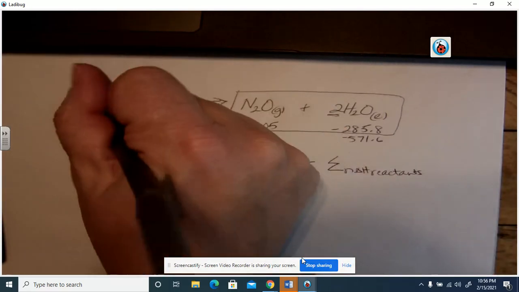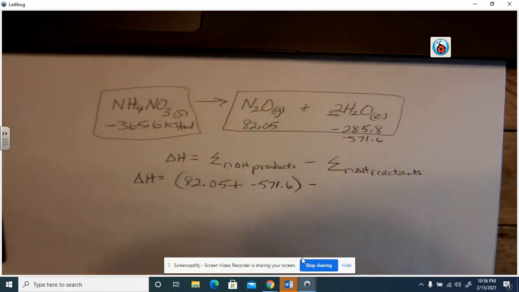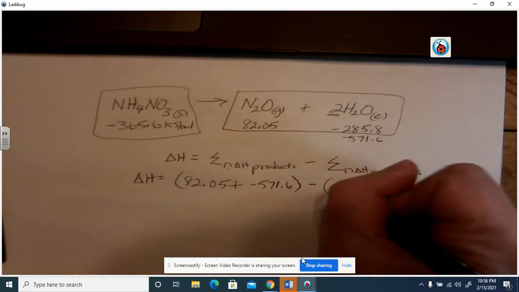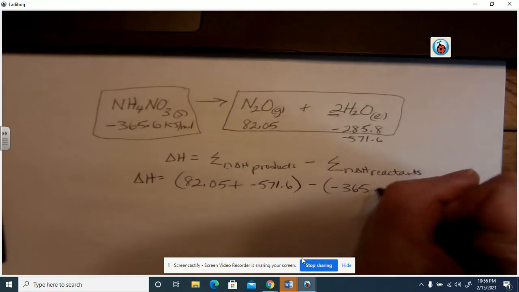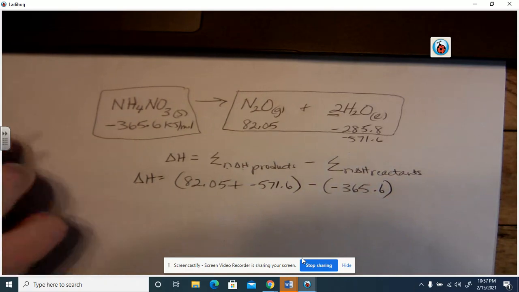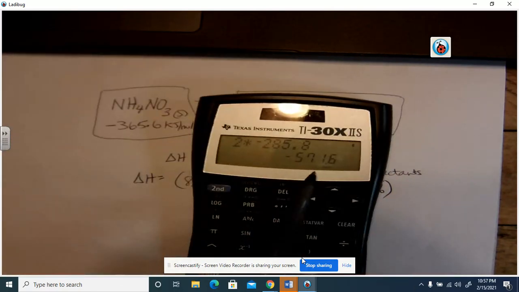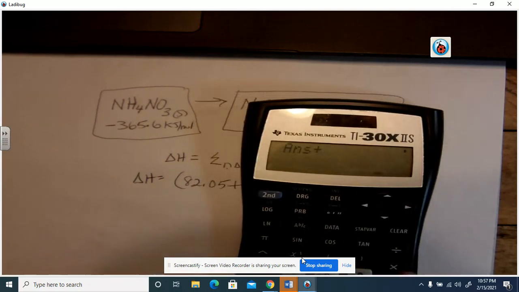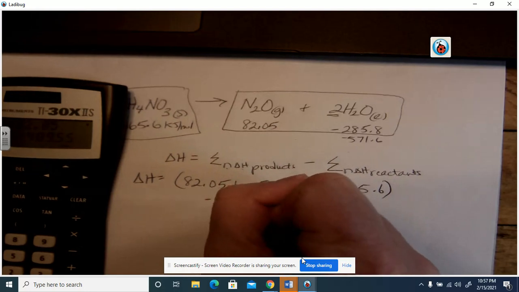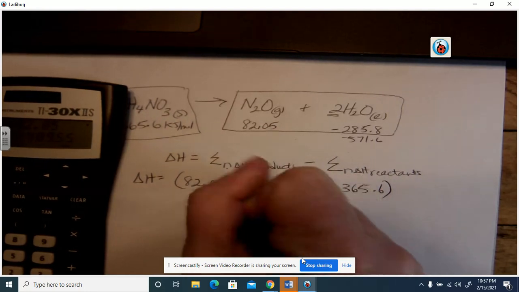Minus, I'm going to get my reactant side, minus the sum of the coefficient times the reactants, which is just negative 365.6. Okay, so here we go. We're just going to do the math here. I've still got my negative 571 in there, so I'm just going to add to that positive 82.05. So I end up with negative 489.55.